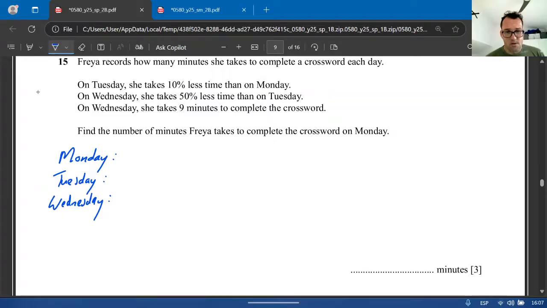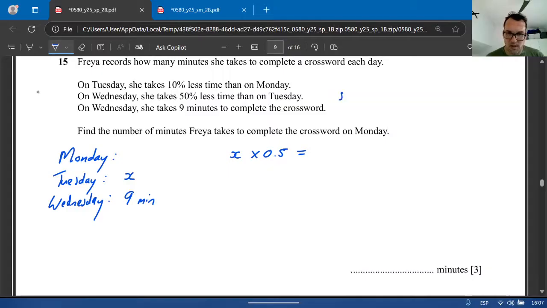On Wednesday, she took 9 minutes. Oh, thank goodness, finally there's her time. So it's 9 minutes on Wednesday. And on Tuesday, so 9 minutes is 50% less than on Tuesday. So if we say Tuesday is X, we need to multiply X by 0.5 because it's 50% less.